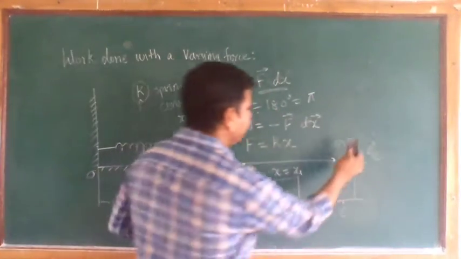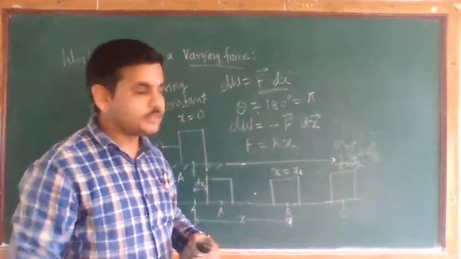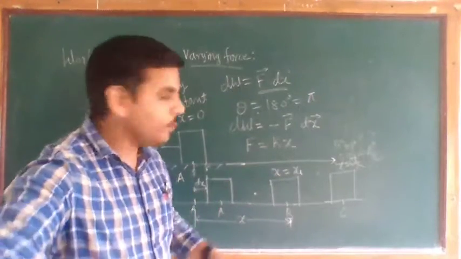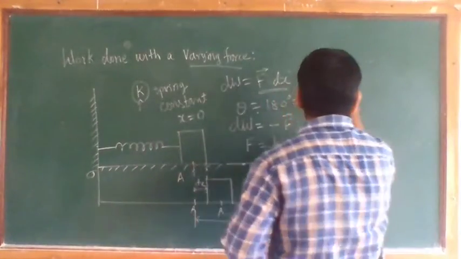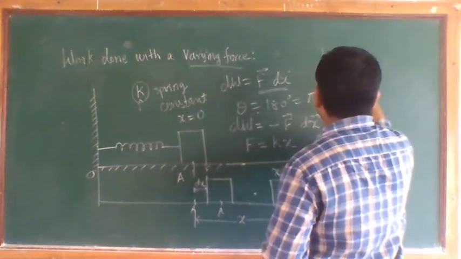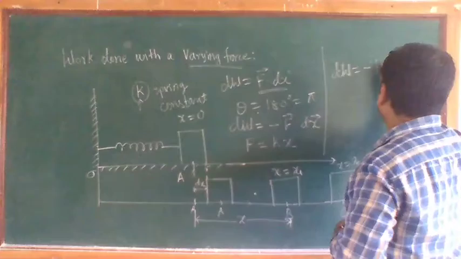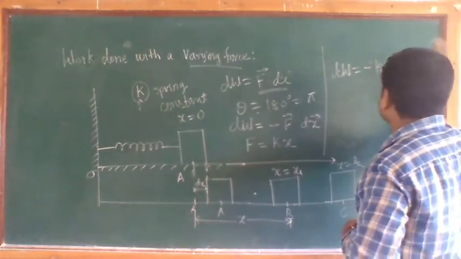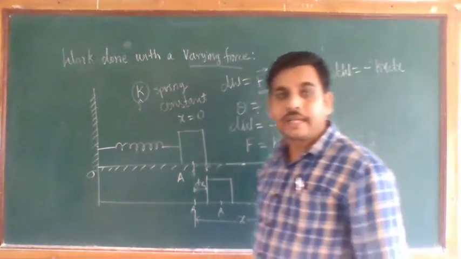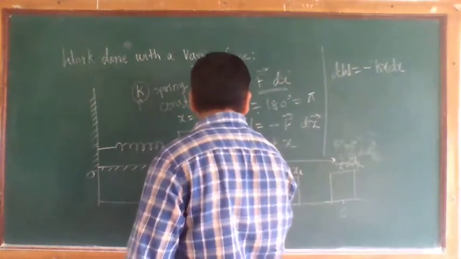Now we can put this value. This dW is nothing but minus kx into dx.